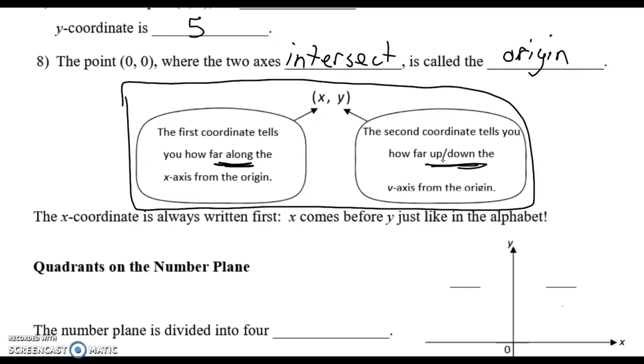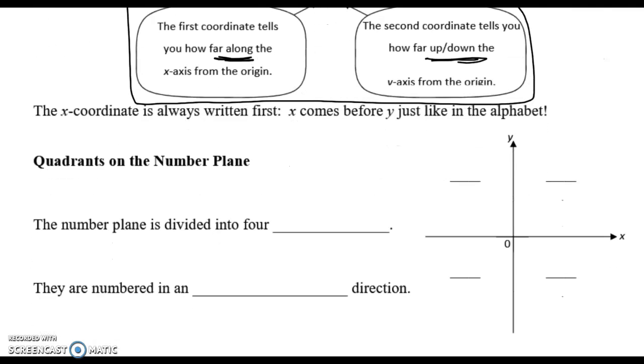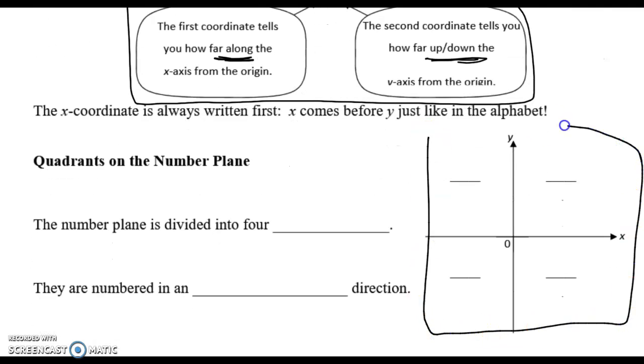So this number plane we've been talking about is these intersecting x and y axes, as shown here, with the x-axis going left to right and the y-axis going up and down. To have points of reference on this number plane, we divide it into 4 quadrants.